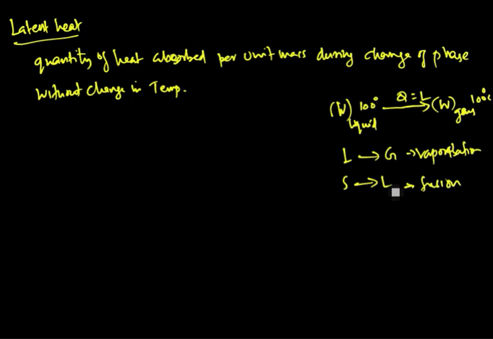So this is latent heat of vaporization, latent heat of fusion, etc. So latent heat means it is the quantity of heat absorbed by a substance per unit mass during the phase change without rise in temperature. The specific heat is actually the quantity of heat absorbed by a unit mass of substance to raise its temperature by 1 degree Celsius.